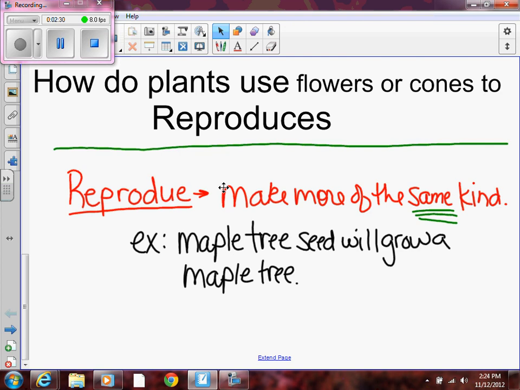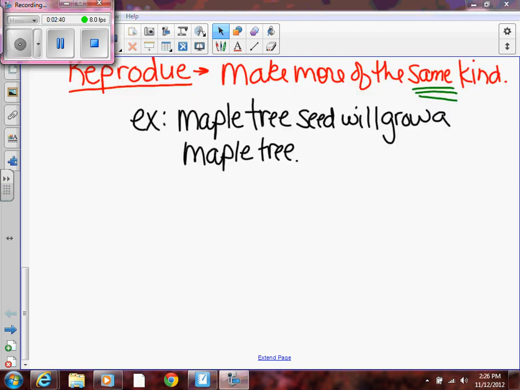A sunflower seed is going to reproduce and make a sunflower plant. Okay, all of those things. That's the same kind of thing. The main idea of that paragraph, very important. Each seed carries what?